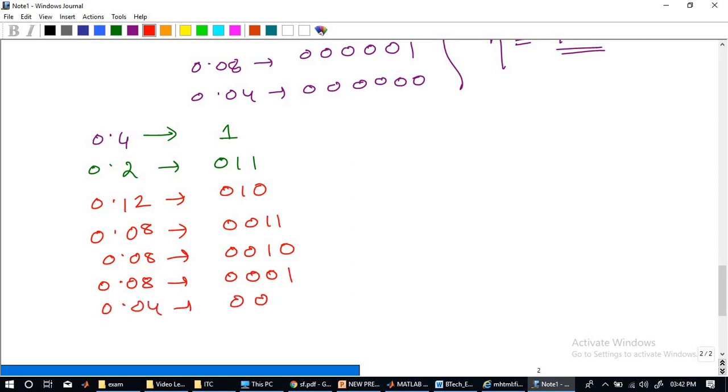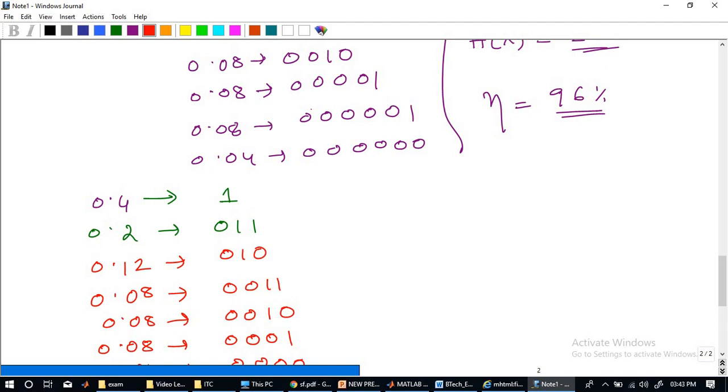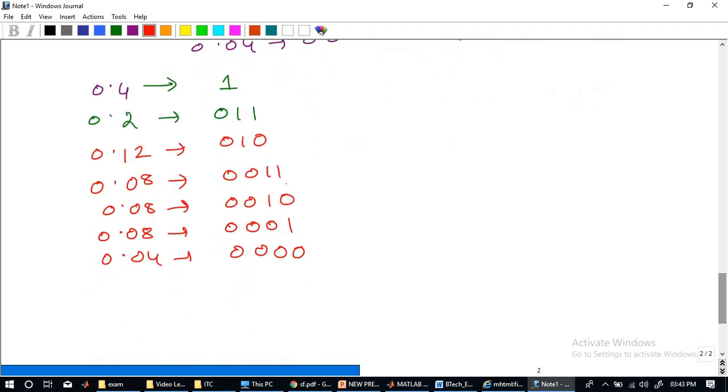So you can see the difference. The difference in making the selection will change the number of bits you are sending. In the first case, for the same 0.04, you are sending almost 6 bits at a time. Whereas for this one, you are sending only 4 bits at a time. Can anyone give me the L average for this? 2.48.